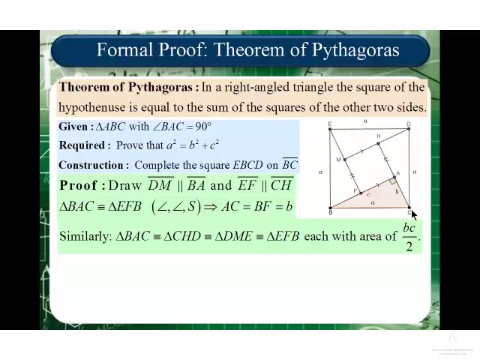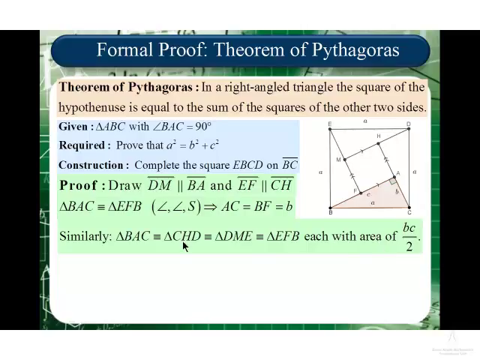And each of them has an area of bc divided by 2. Now where do we get that? Well, if we look at the original right triangle, the area of this is definitely b side length times c side length divided by 2. It's just half the area of the rectangle with area cb or bc.